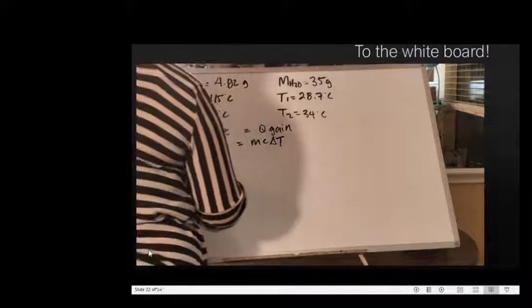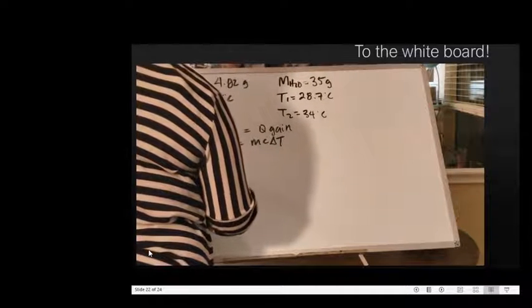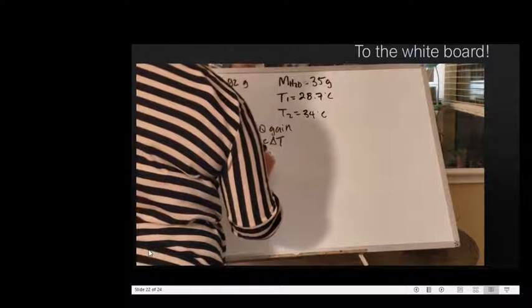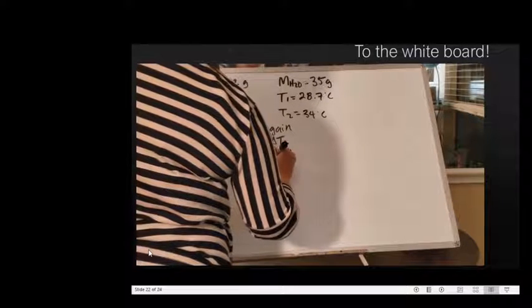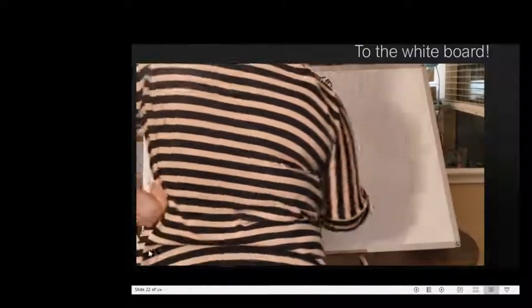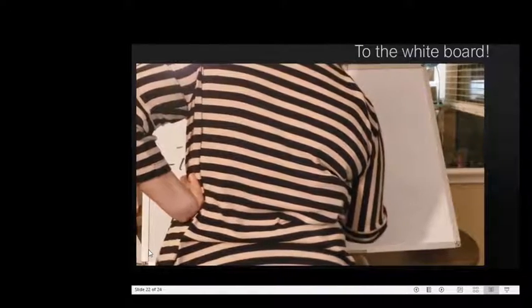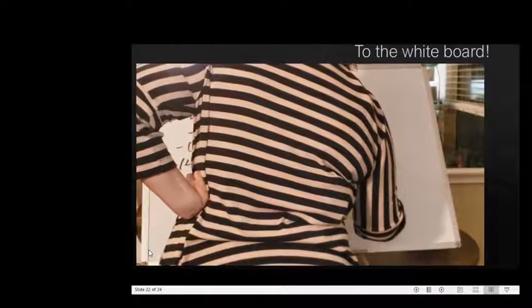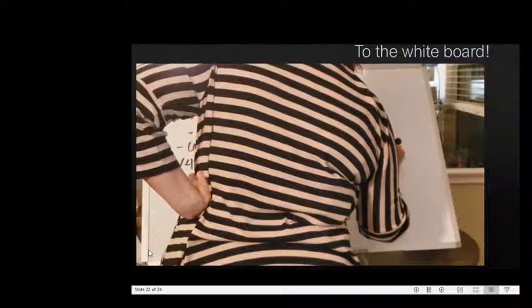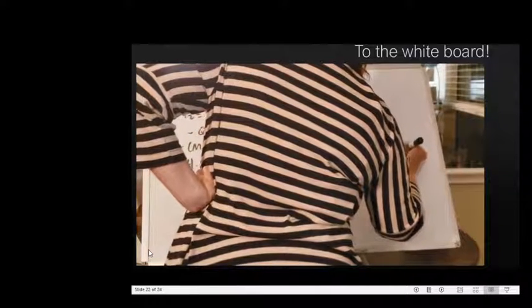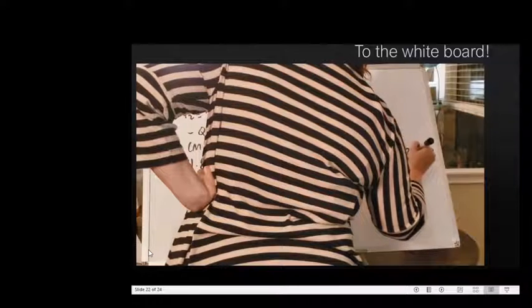And we have negative mass of the unknown, we don't know C, final temperature minus the initial temperature, is equal to our mass of the water. Our specific heat of water is 4 joules per gram. And our change in temperature, we have that final temperature minus the initial.